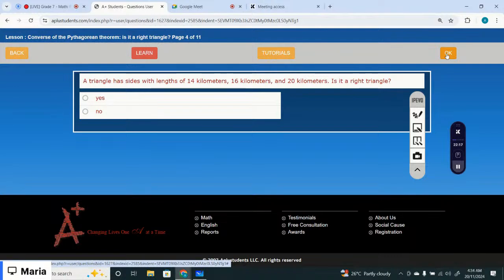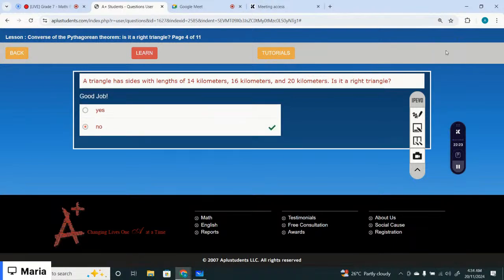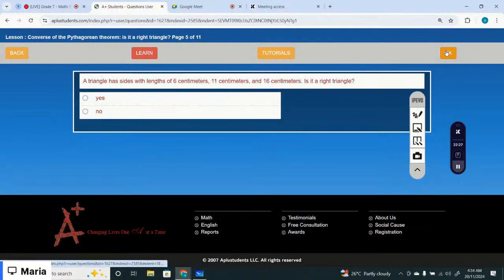The correct option is no, that isn't a right triangle, right? A triangle has sides with length of 6 centimeter, 11 centimeter, and 16 centimeter. Is it a right angle triangle?